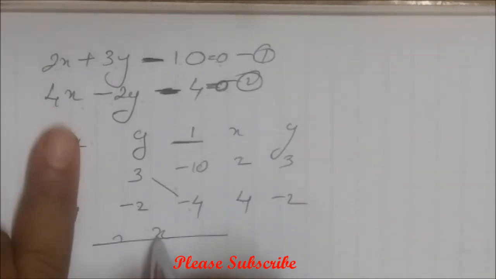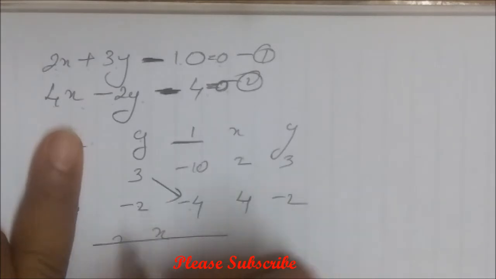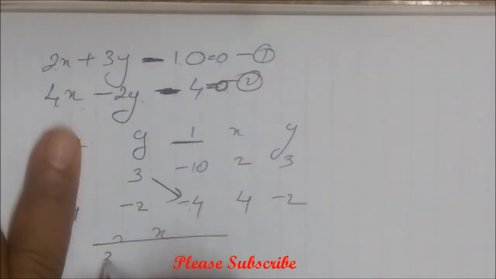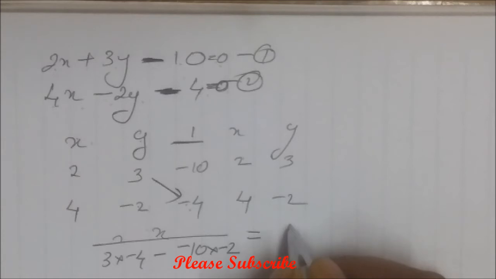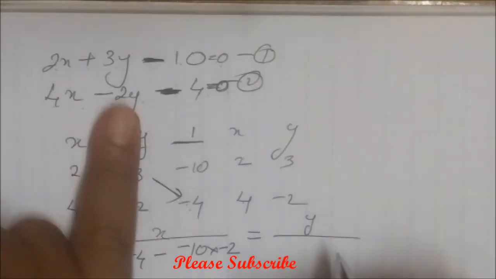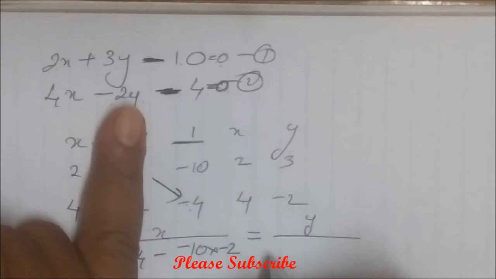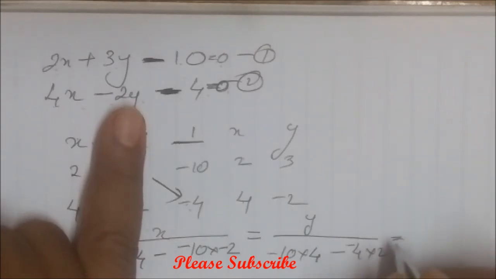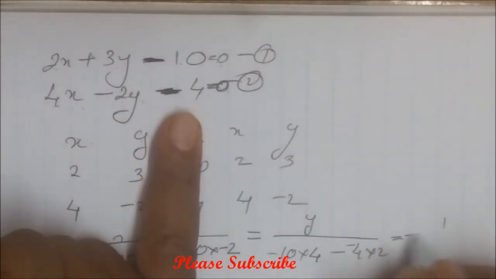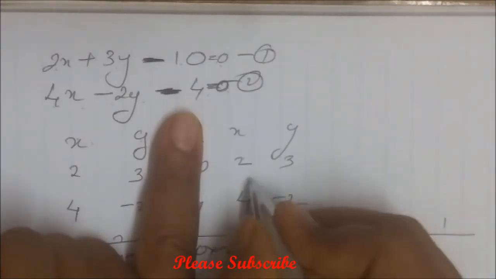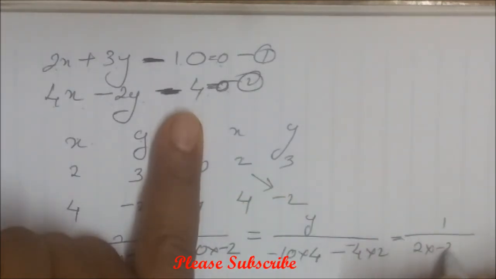For x I just cover the x and write the denominator part, that is 3 into minus 4 minus minus 10 into minus 2, is equal to y by, I am just covering the y, minus 10 into 4 minus minus 4 into 2, is equal to, here it is 1, so I am covering the 1, by 2 into minus 2 minus 4 into 3.